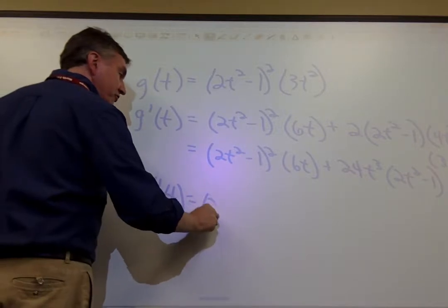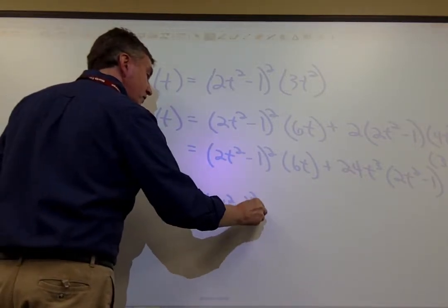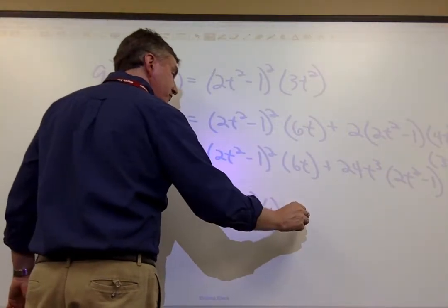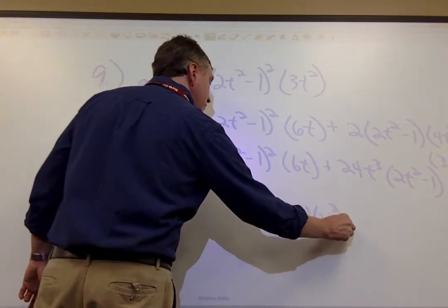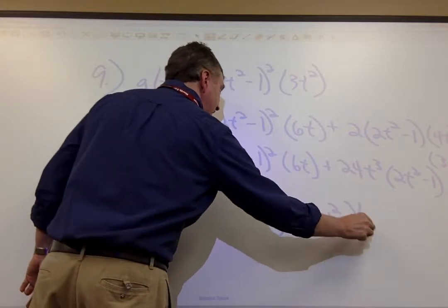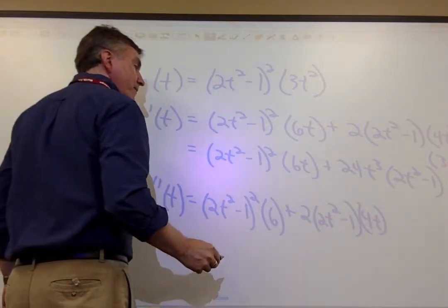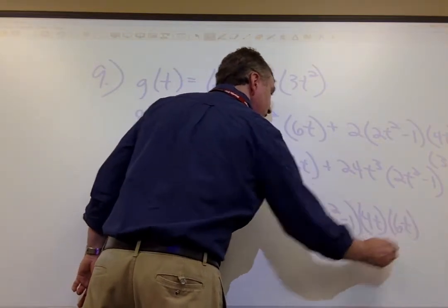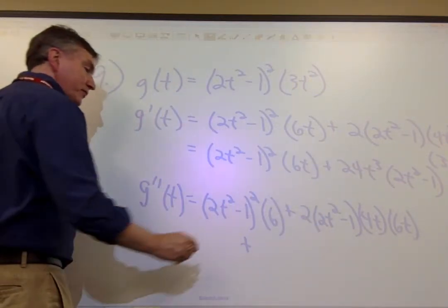So that would be first times derivative of second, plus derivative of first, first times 4t times original second.